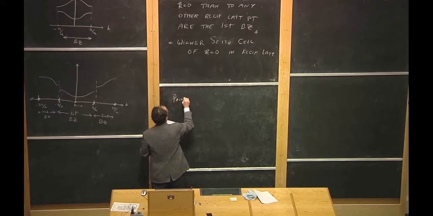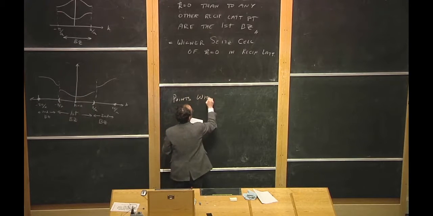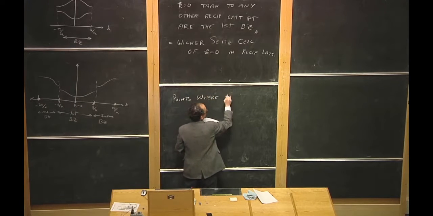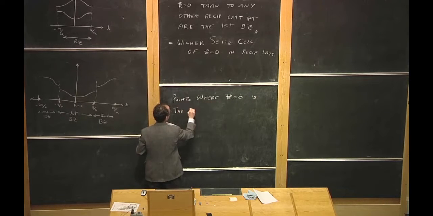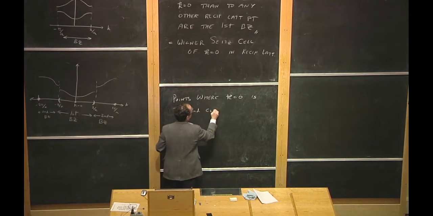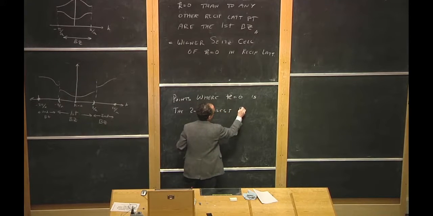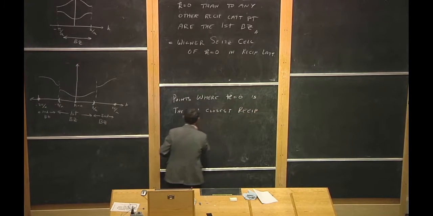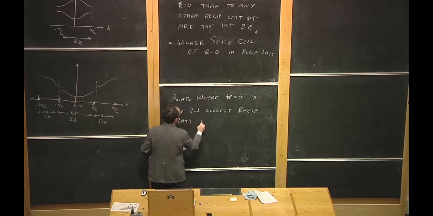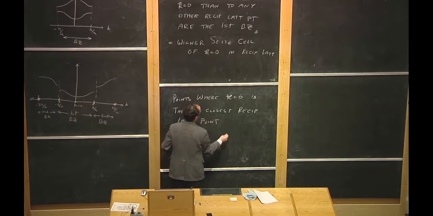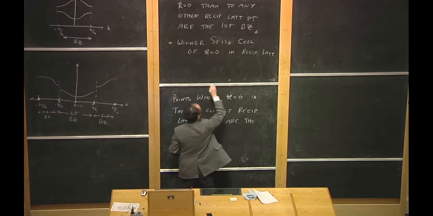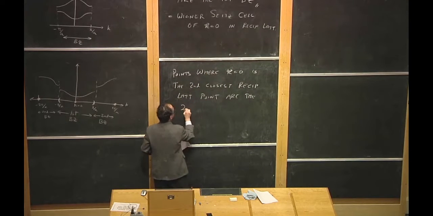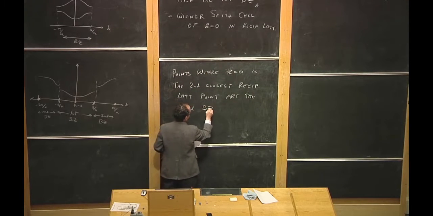Points where k equals 0 is the second closest reciprocal lattice point are the second BZ.